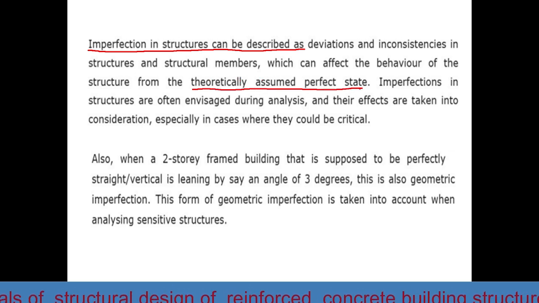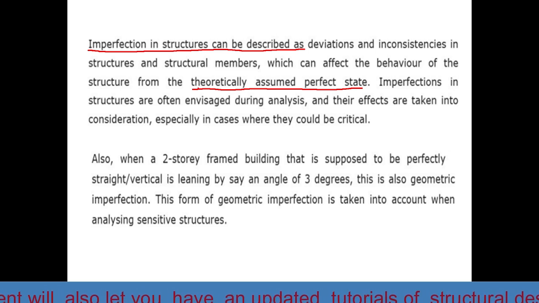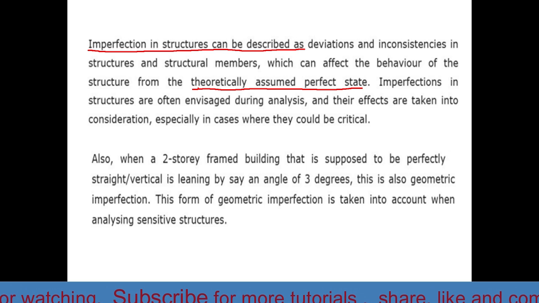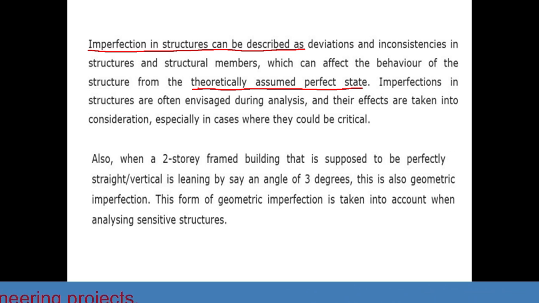Meaning, every structure has its own defined cross section, its own defined mechanical properties, and its own defined verticality and geometry.